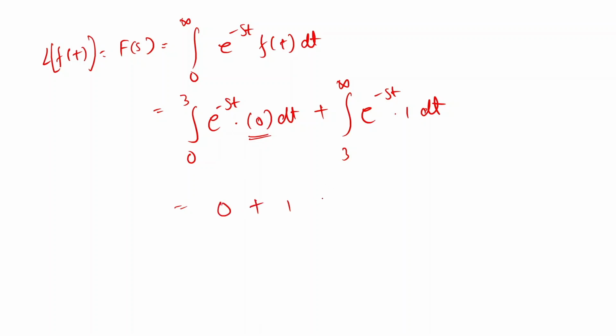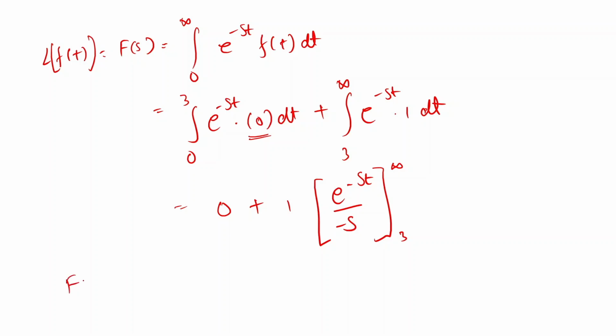Plus 1 times the integration of e raised to minus st from 3 to infinity, which will become e raised to minus st upon minus s, evaluated from 3 to infinity.